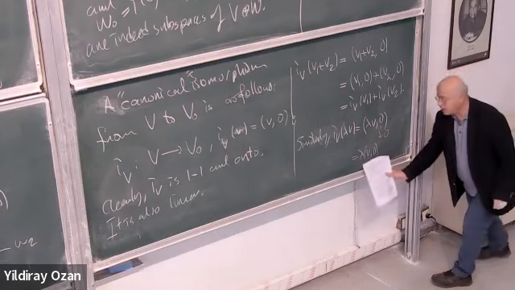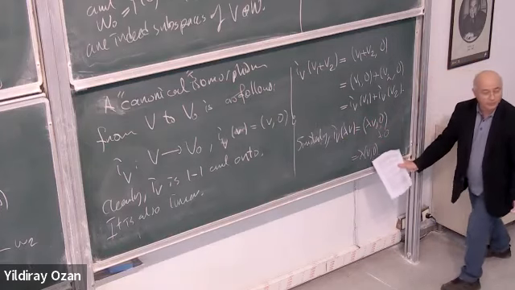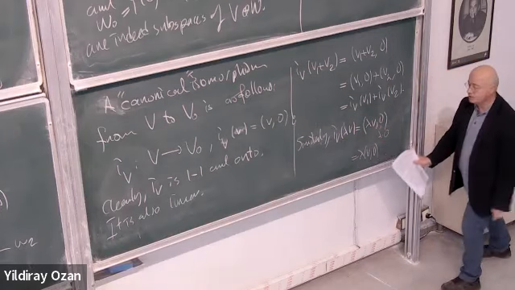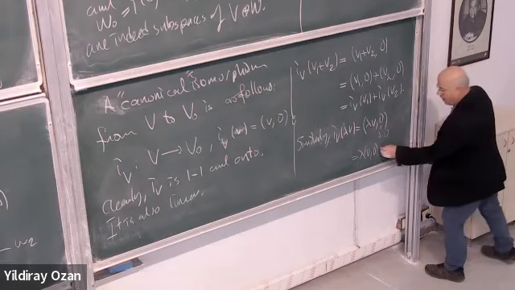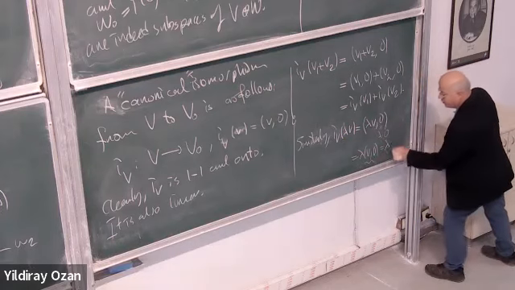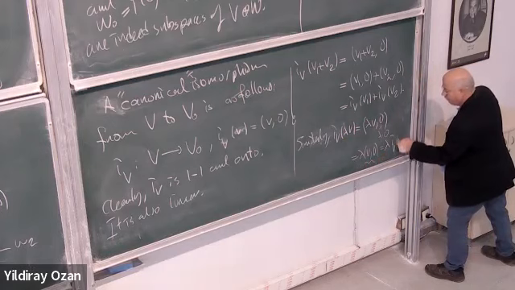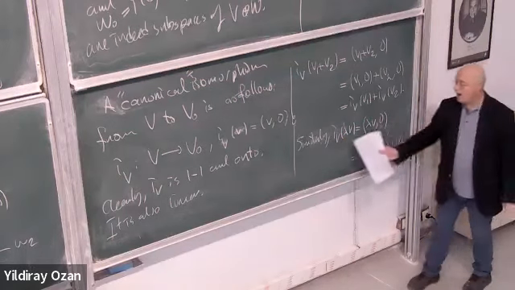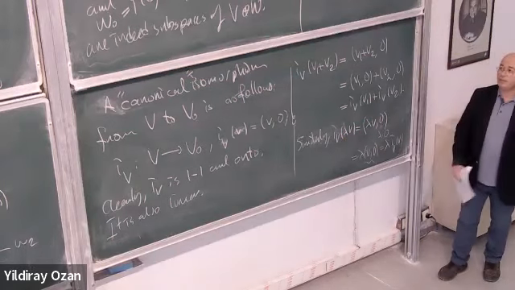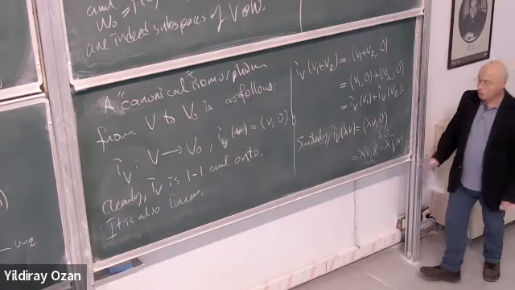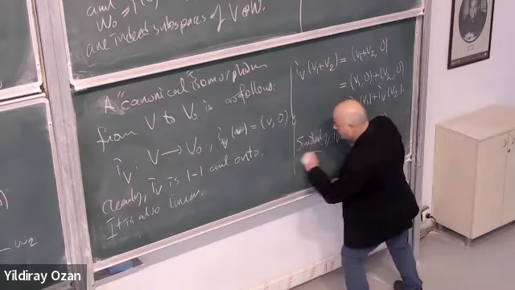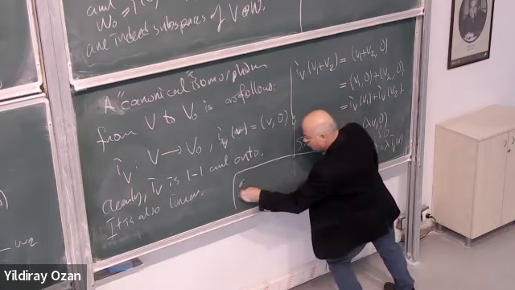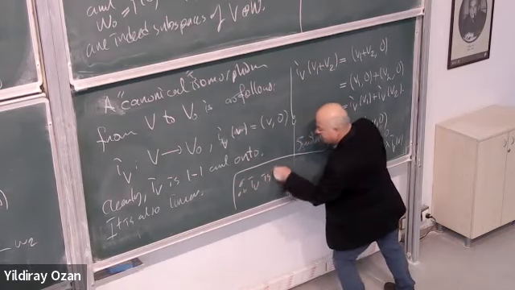Right? Lambda times (v, 0) is just (lambda v, lambda 0), which is (lambda v, 0). So it is this element. And what is this? This is just lambda times i_V of v. So i_V respects scalar multiplication. Therefore, i_V is linear.